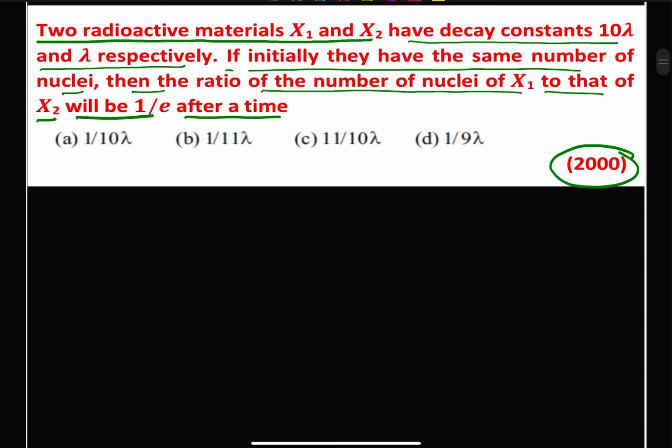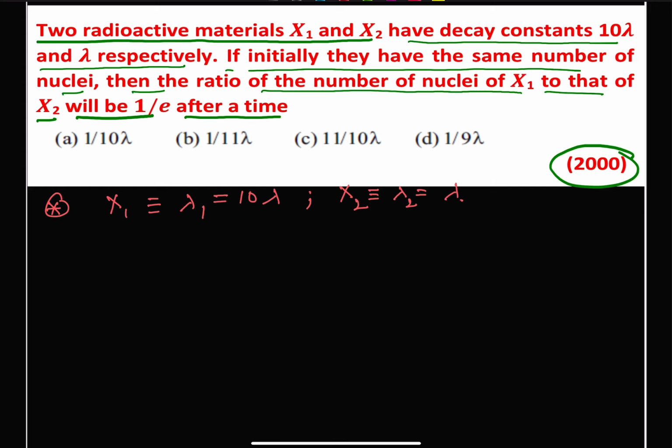So here we are given two radioactive materials. One is X1, which is having a decay constant, suppose lambda 1, that is equal to 10 times lambda, and we have another, X2, with decay constant, suppose lambda 2, that is lambda.